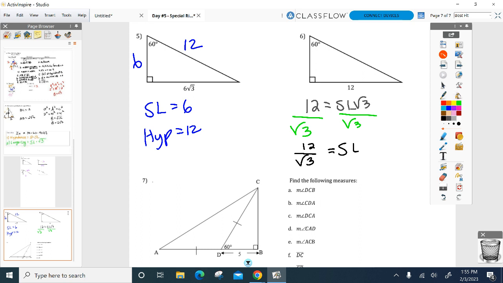Multiply top and bottom, in this case, by radical 3. So my shorter leg would be equal to 12 radical 3 over 3. Hopefully you didn't leave it like that either. Hopefully you left your shorter leg as 4 radical 3, and doubled it to get 8 radical 3 for your hypotenuse. Anything on those?